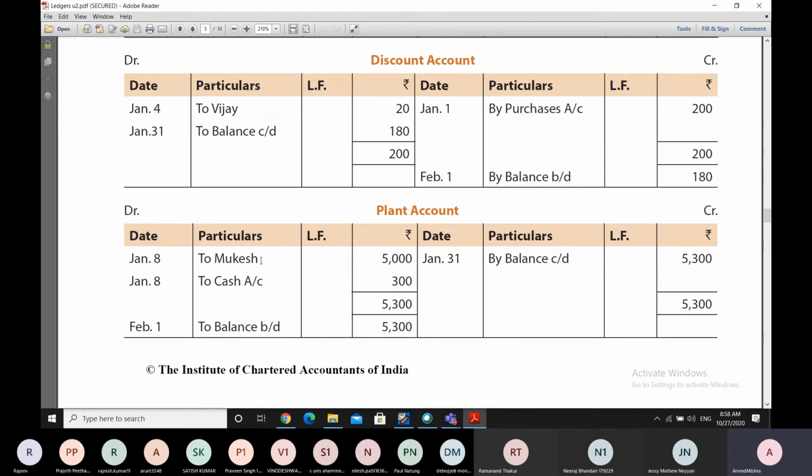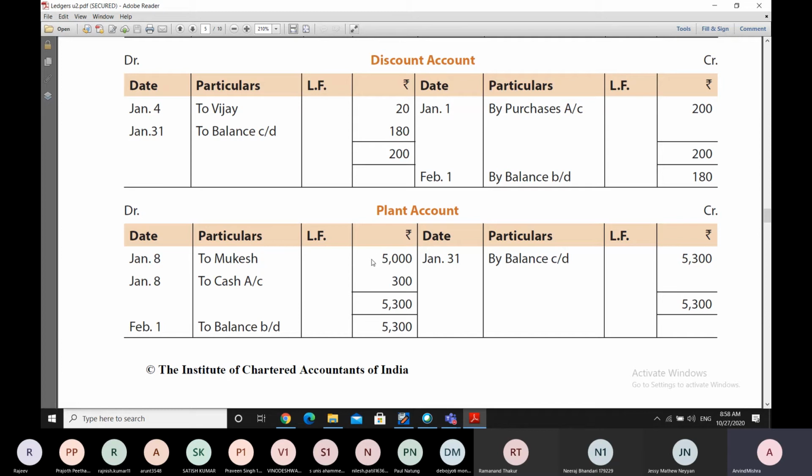So the reference will always show the corresponding credit entry for the debit of any account. And similarly, when we credit an account, the corresponding reference will show the account which is being debited. So here, while buying the plant, we have not made any payment except the installation and cartage. When we make a payment or receive any payment, we enter that in the cash account.